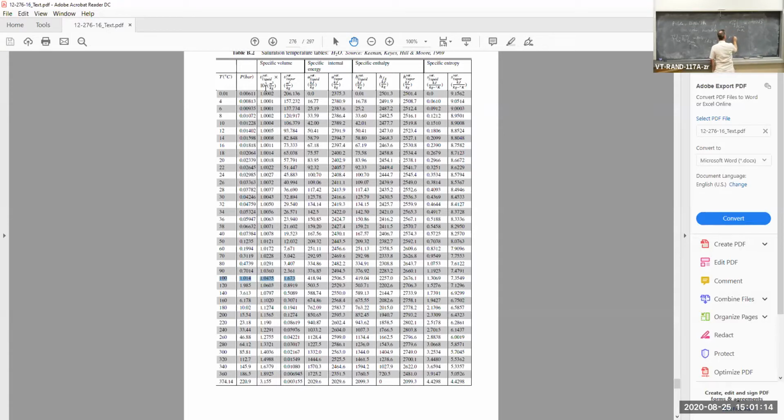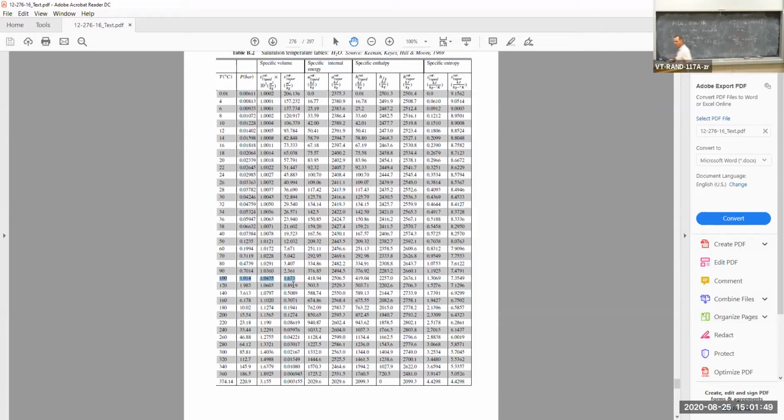The specific volume for the saturated vapor at 100 degrees and 1 atmosphere, let me check and make sure that's right again, is 1.0673 cubic meters per kilogram.